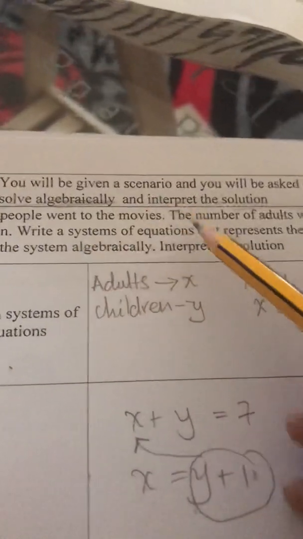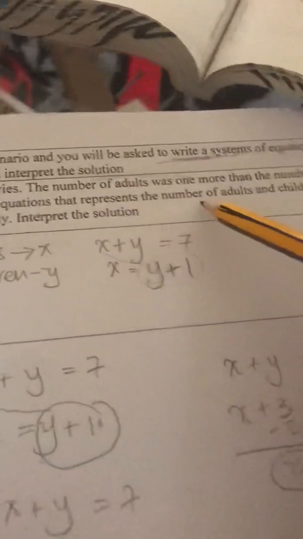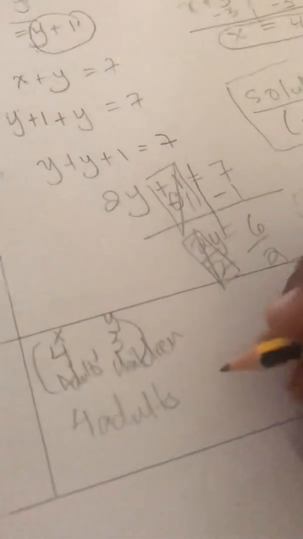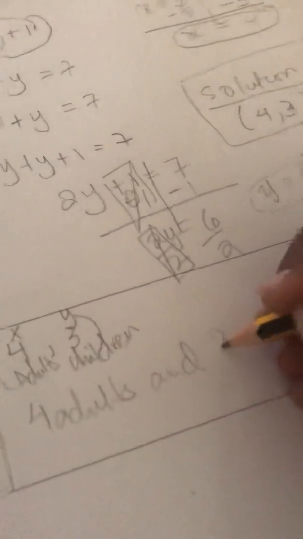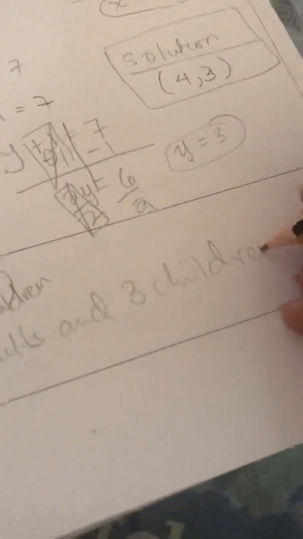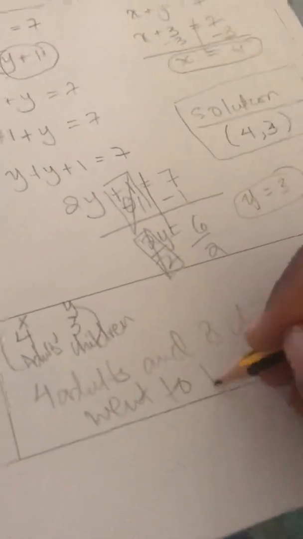So then I go there, write a systems of equation to interpret the number of adults and children that went to the movie. So I will say 4 adults and 3 children went to the movies.